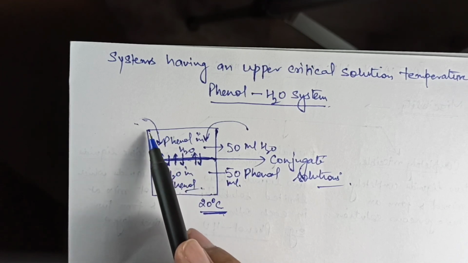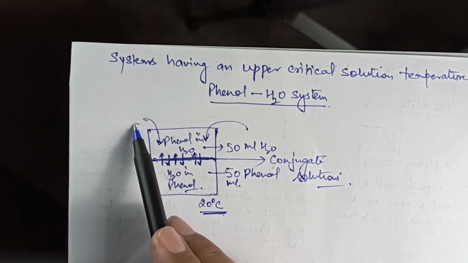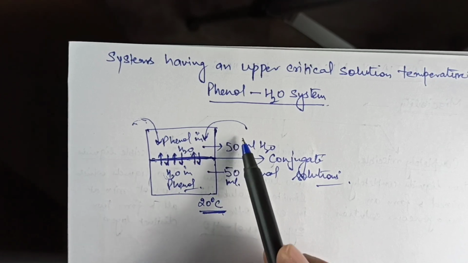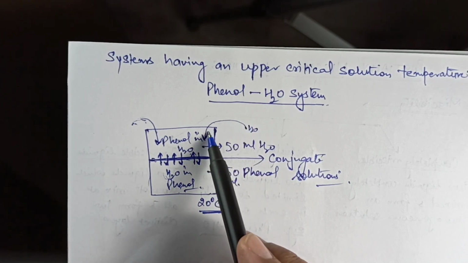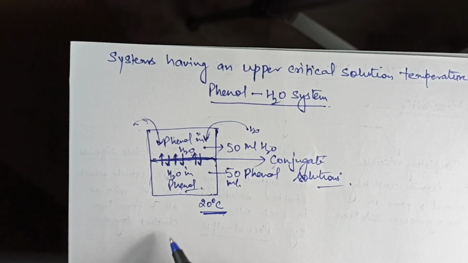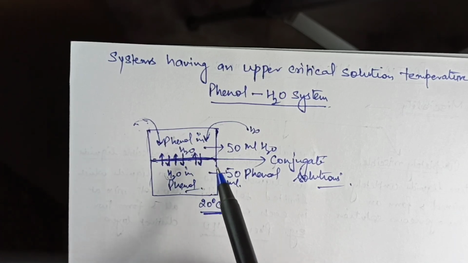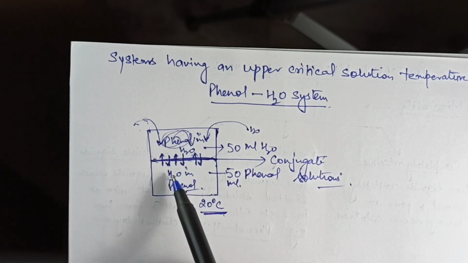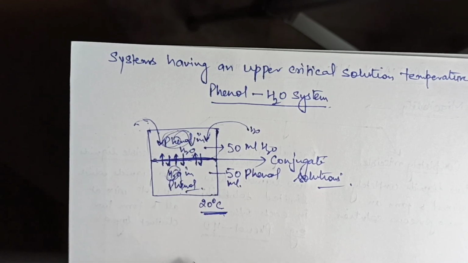Means it just merely increases the volume. If you add the phenol, then it will increase the volume of phenol, or if you add the water, then it will increase the volume of water in the water layer.